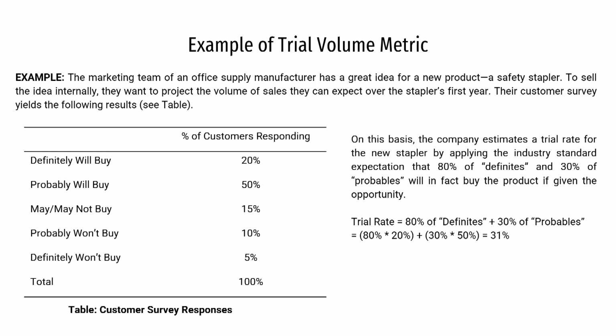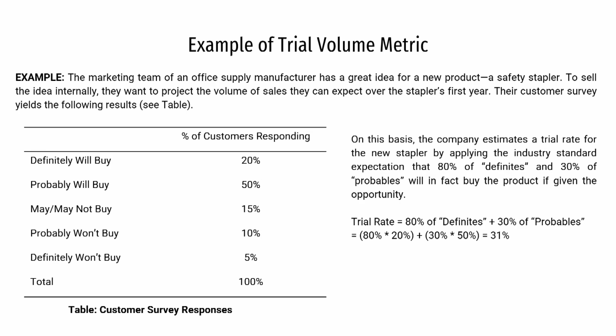The customer survey yields the results shown in the table: definitely will buy 20%, probably will buy 50%, may or may not buy 15%, probably won't buy 10%, and definitely won't buy 5%.